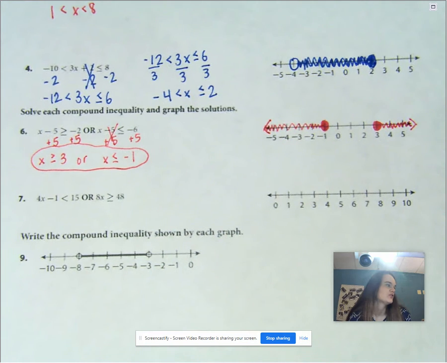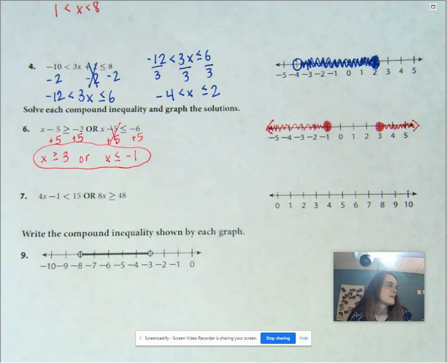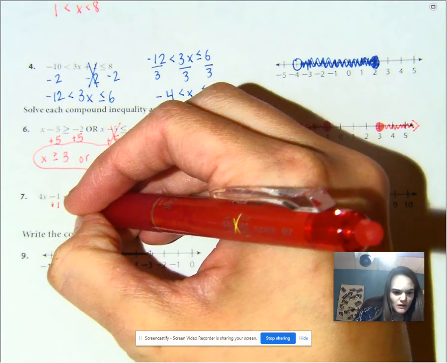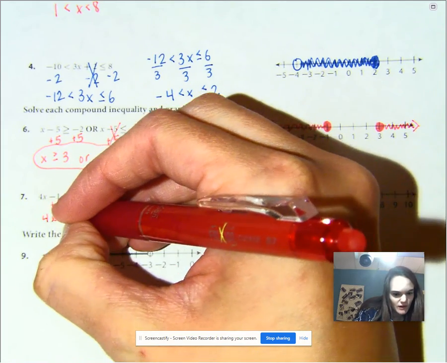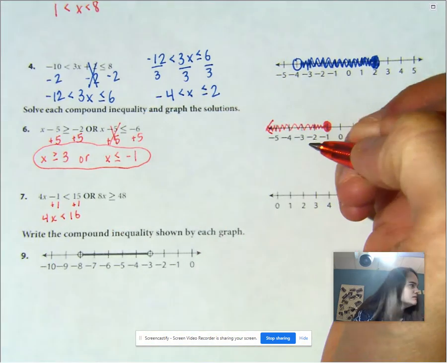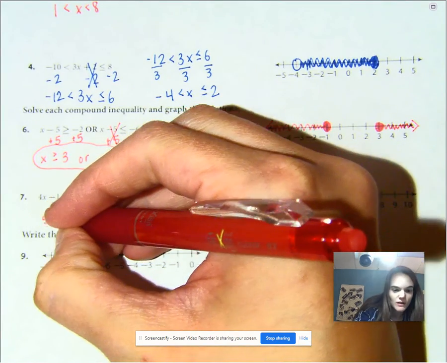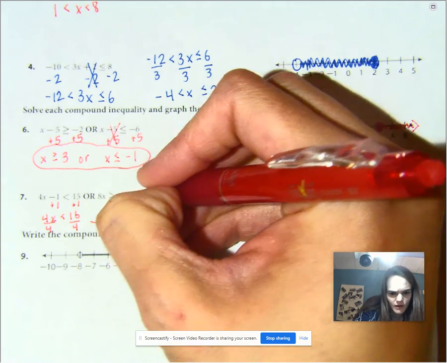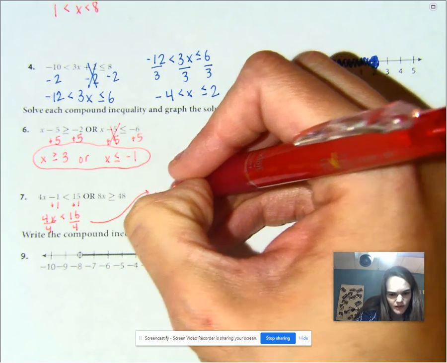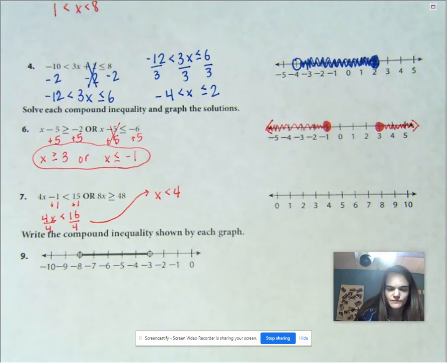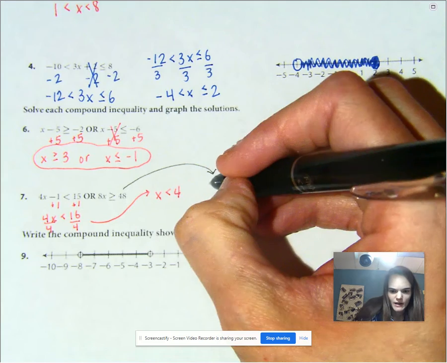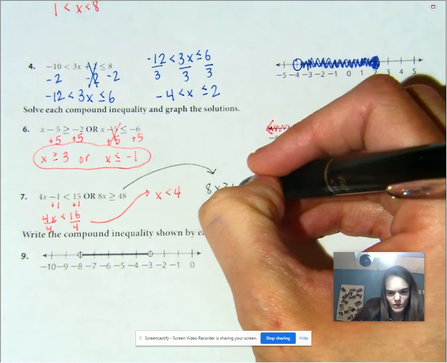Try number 7 by yourself by pausing the video. All right, add 1. 4x is less than 16. Divide by 4. Running out of room on this one too. I'll write it right here. X is less than 4. Okay. I'm going to rewrite this one over here because I ran out of room. 8x greater than or equal to 48.